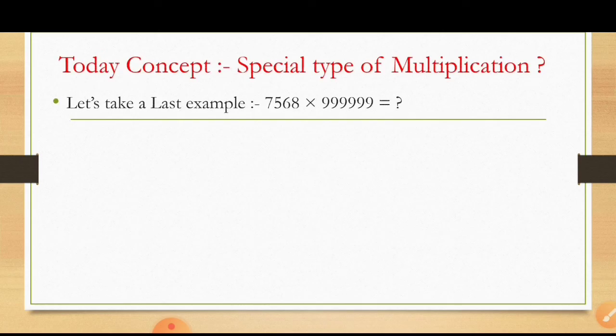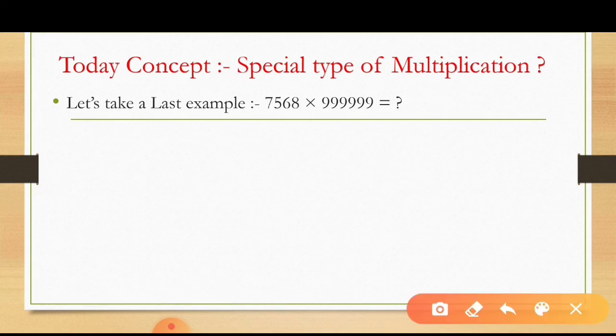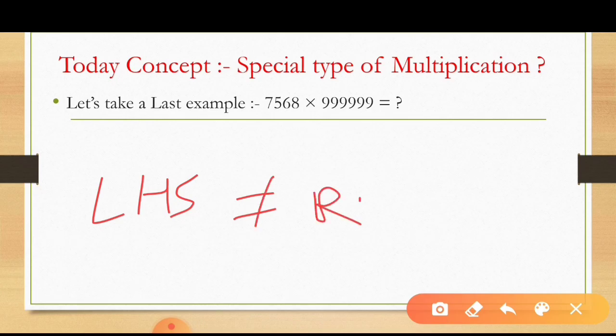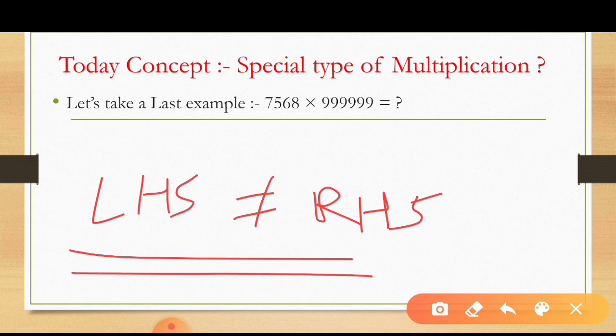Now let's take a last example. Okay, 7568 into 999999. Okay, means here the LHS and the RHS are not equal. Means you have to first make them equal. Now here the 9s series is 6 digits and here only 4 digits were given.